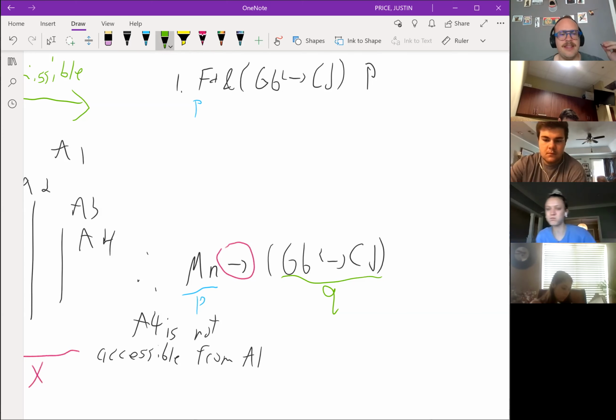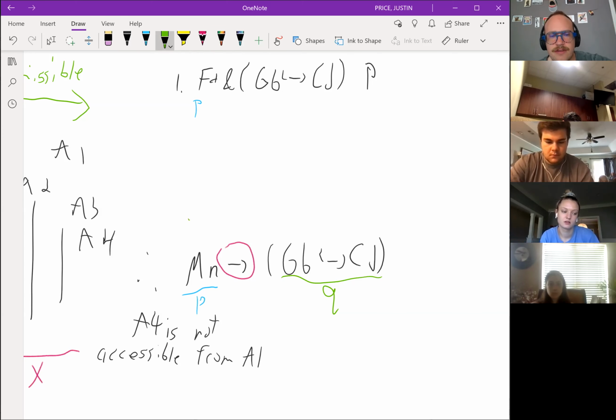You'll notice that in this conditional, the antecedent isn't anywhere in the premises, right? So we're going to work our magic here, but it's not really magic because it's just what we have to do.